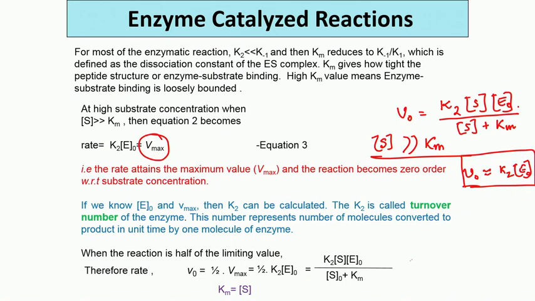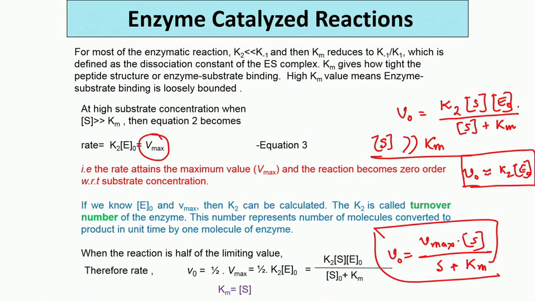Now, you can simplify the equation. Earlier it was K2 S E0 by S plus Km. Now, you just write that K2 into E0 is Vmax. So, you can write Vmax into S divided by S plus Km, that is equal to V0. So, this is the final form of the equation.